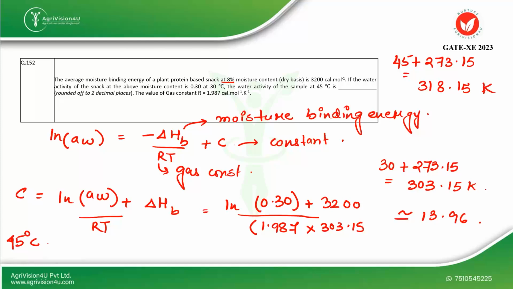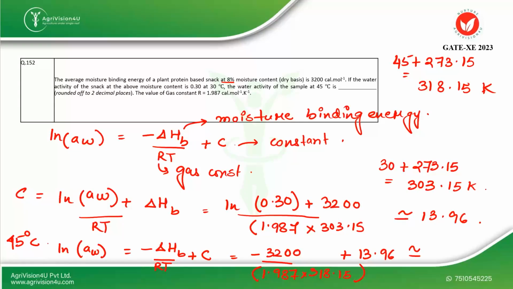So ln of water activity, that is minus delta H by RT plus C, that is minus 3200 by 1.987 into 318.15 plus the constant which we have calculated, that is 13.96.